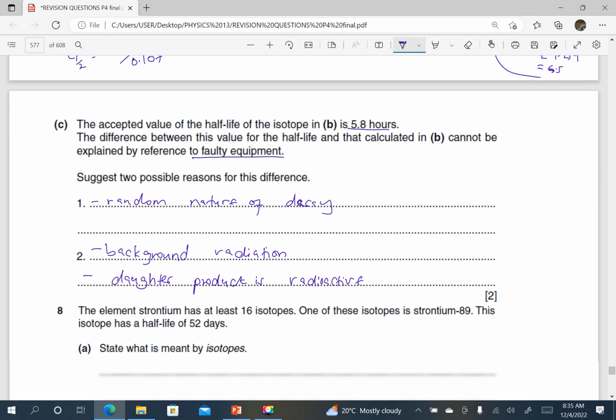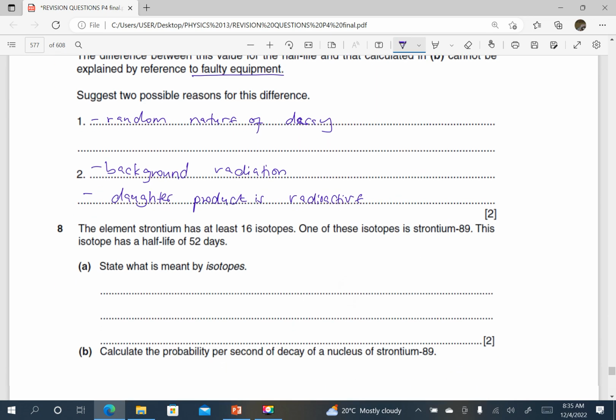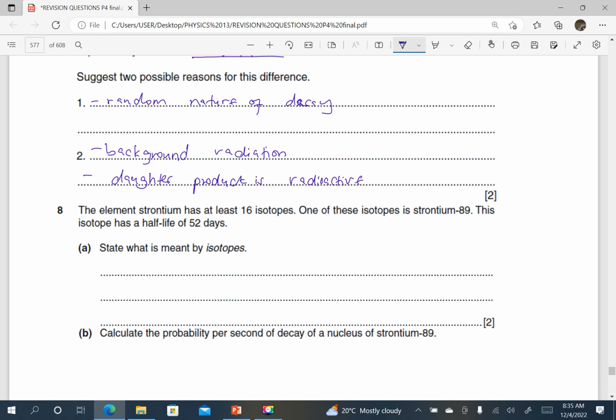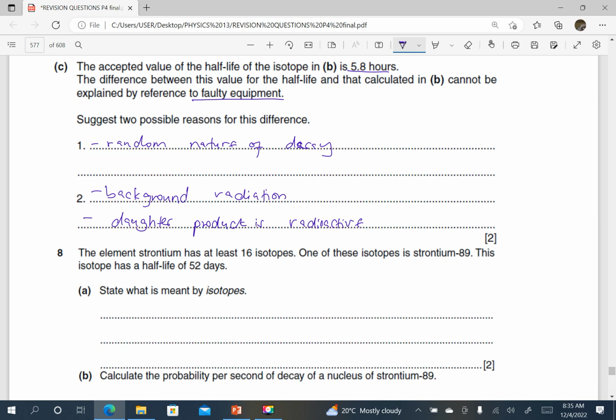If the daughter product is also radioactive, then this is going to increase the activity. And therefore, it will be higher than expected. Those are some of the possible reasons which are causing the difference in the half-life or the difference in the activity.